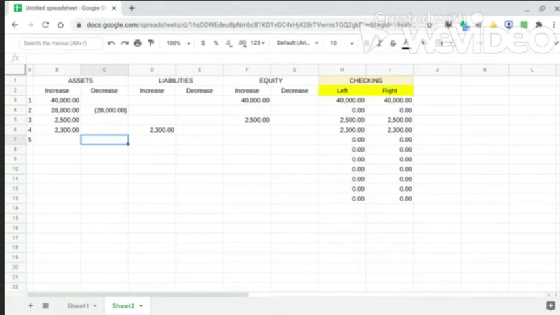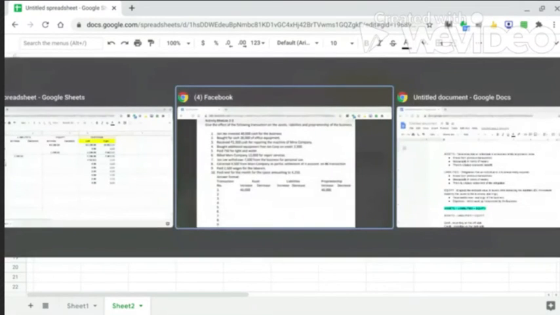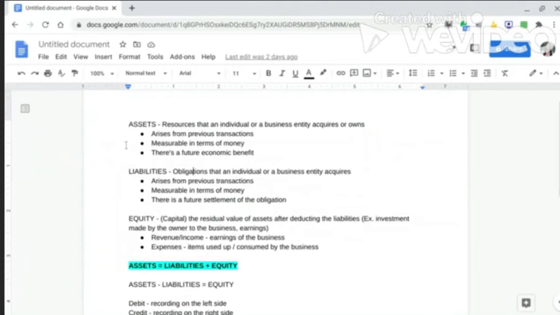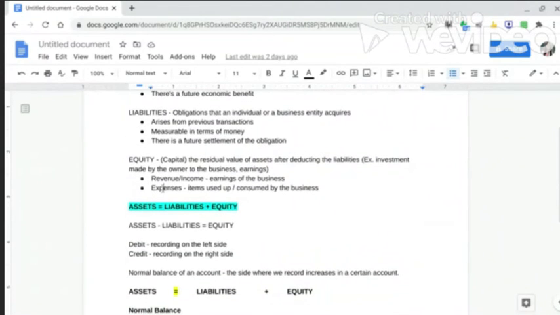Para saan yung 750 na binayaran niya? Nagbayad siya ng light and water. Kasi nga, nag-consume siya ng kuryente and water para sa business niya. So, papasok siya sa expenses. So, again, these are items used up or consumed by the business. Kaya niya nga babayaran kasi kinonsume niya yung services na yun.